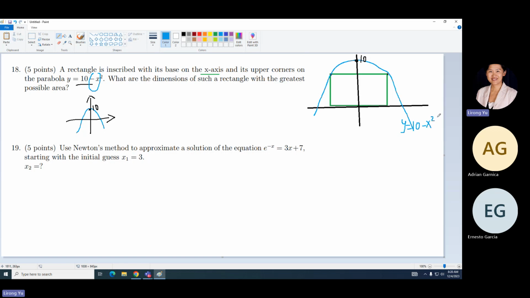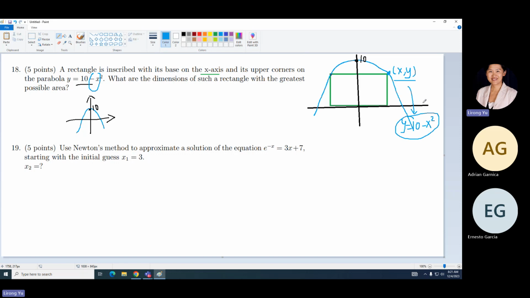Whenever we are given the equation for any curve, that is an equation relating x and y. So if you have a corner point right here, that is (x, y). Now this corner point is on the parabola, so this x and y will satisfy this equation.